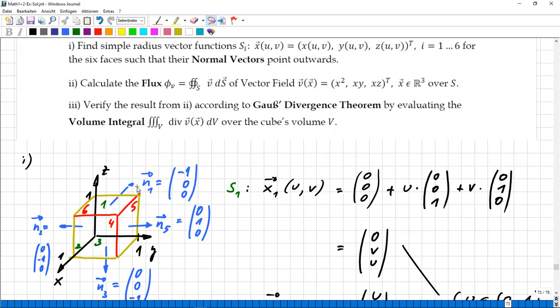If it's an outward flux, it should be positive, right? So the normal vector for face number 4, which is not to be seen here for reasons of clarity, would have to point towards us. So it would be this one with changed signs. It should be the vector (1, 0, 0).